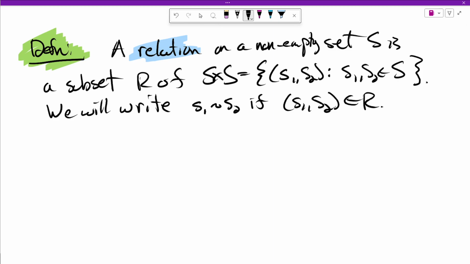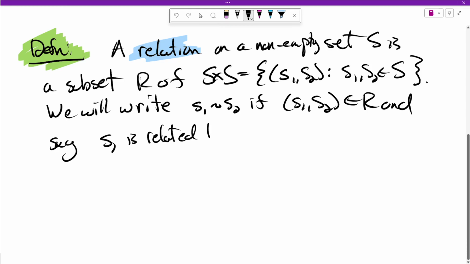We say it exactly as I said: s1 is related to s2. Usually that's enough, but if we want to specify the relation, we might say under R.